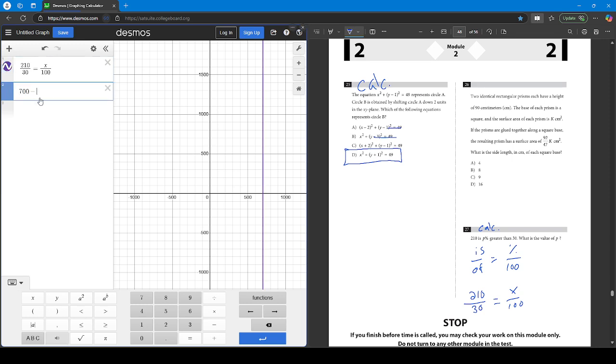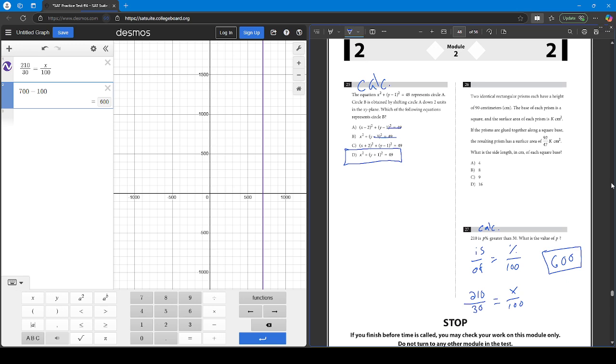So 700 minus 100, it's 600 percent greater is the answer, 600. Final answer there. And if you look at the answer explanation online, they want to give you another formula to memorize, but I think looking at is over of equals percent over 100 really gets us to where we want to be.